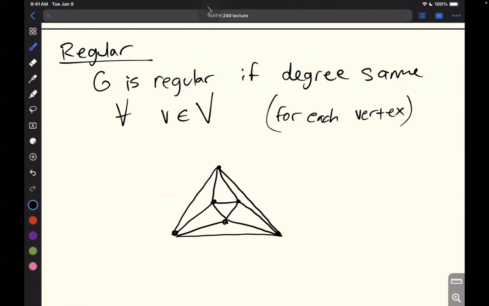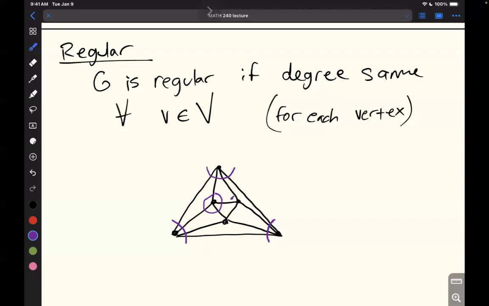So if we look at each vertex in this graph, this top one has 1, 2, 3, 4. The bottom right has 1, 2, 3, 4. The bottom left, 1, 2, 3, 4. And then this upper left in the middle, 1, 2, 3, 4.